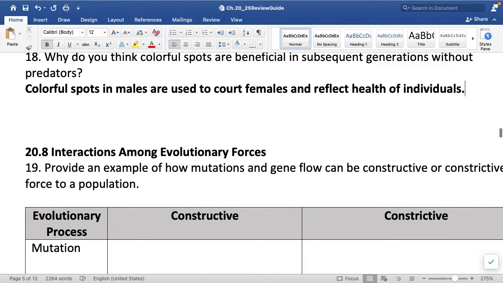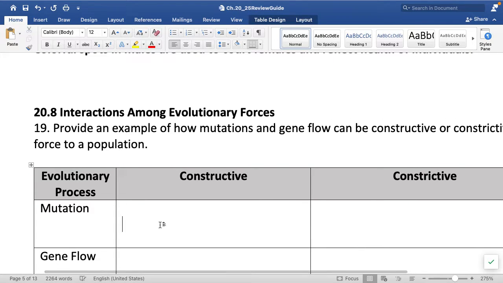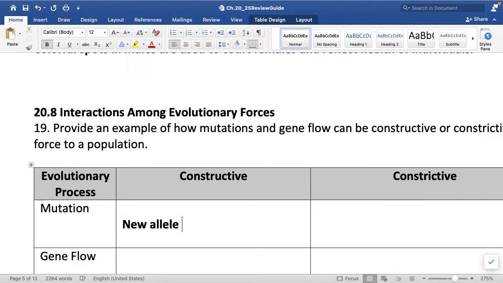20.8, interactions among evolutionary forces. Provide an example of how mutations and gene flow can be a constructive or constrictive force to a population. So mutation for constructive gives them something good. New genes, we'll just say a new allele that's beneficial.